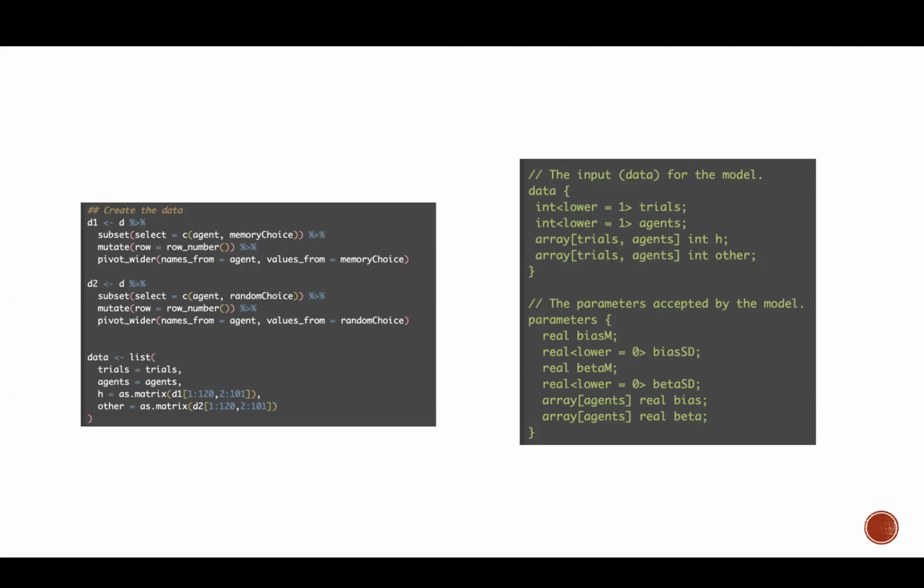Why? Because in that way, we can calculate the memory on a trial by trial basis that the model will use to estimate its theta. The data, right? Same as before: trials, agents, one matrix with the agent's choices, a second matrix with the opponent choices.